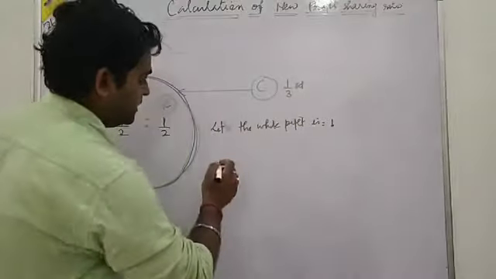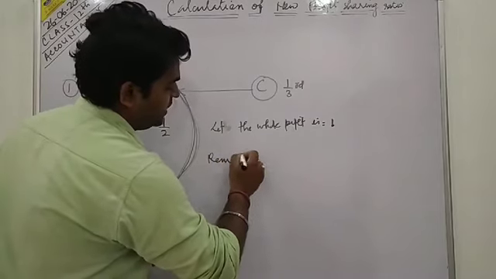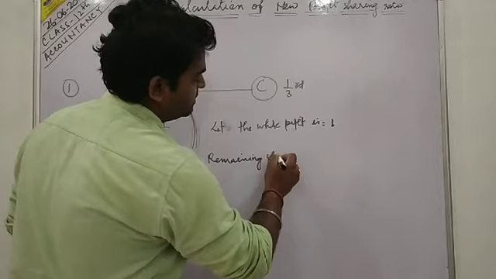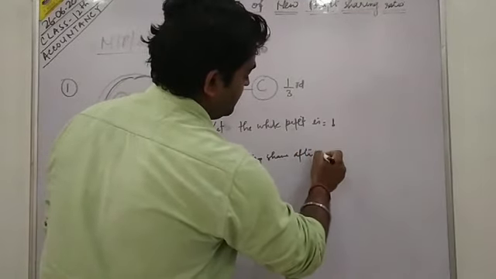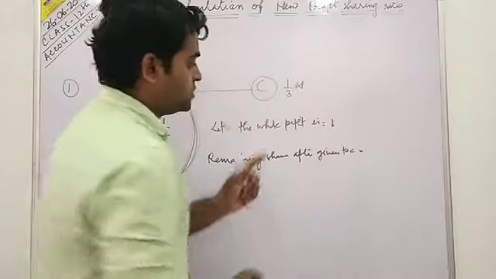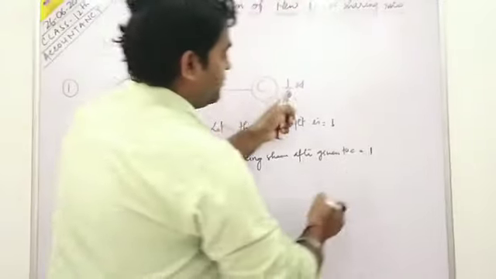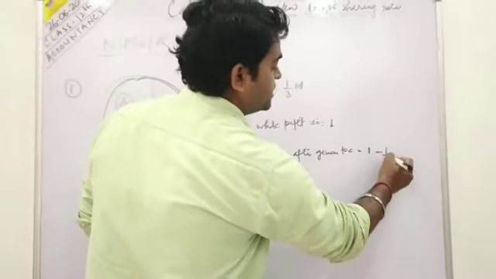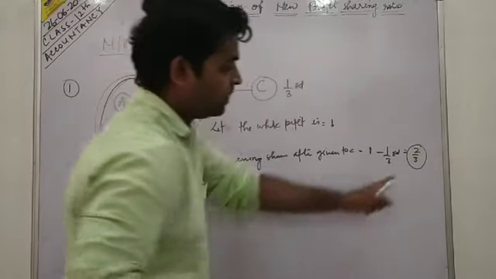See here, the remaining share after giving to C. The whole profit is 1, and we are giving 1/3 to C. The remaining profit will be 2/3.